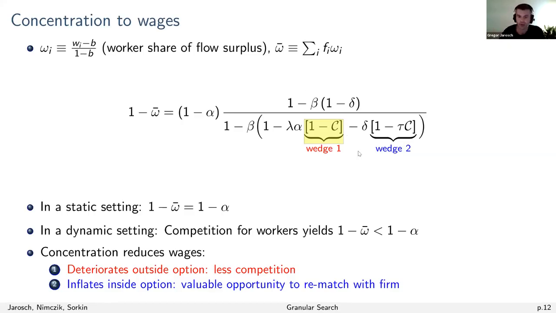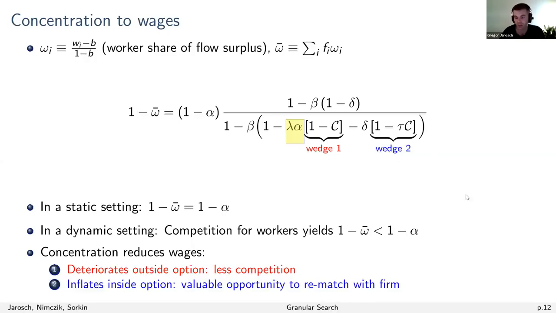What do they capture? You can think of the first wedge as being about the outside option, which is what I've been talking about. There's less competition if there are many large firms around, and that partially wipes out competition. In the limit where there's just one monopsonist, the outside option is fully gone.